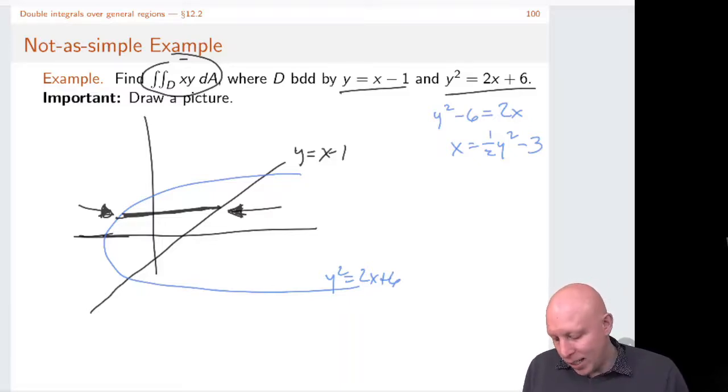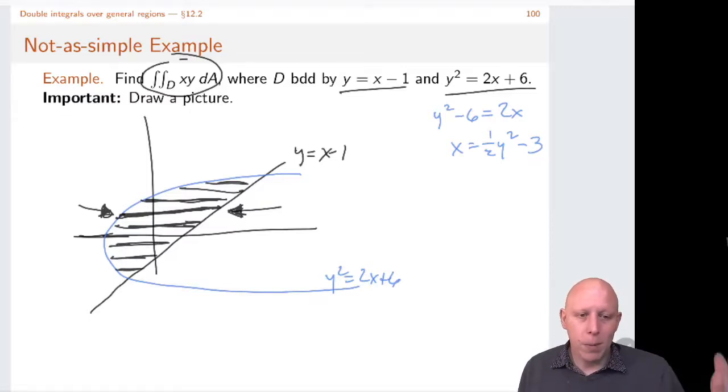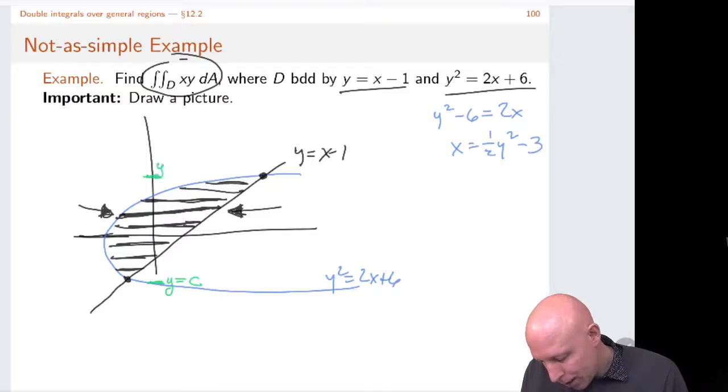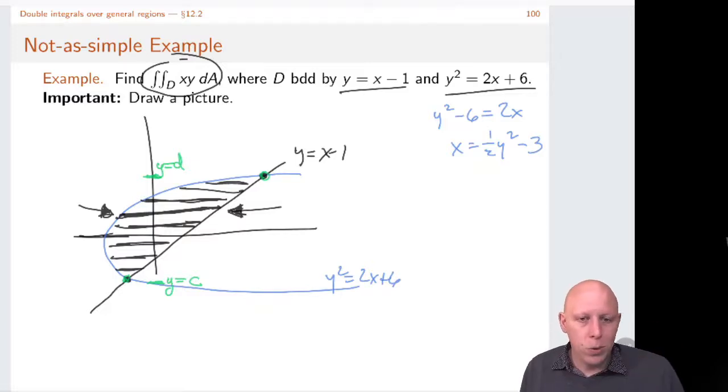If we're doing these horizontal slices, we need to know where we start chopping and where we stop chopping, and what the upper function and the lower function are. The places where we start and stop chopping correspond to the places where you have an intersection. This is y is equal to c, and this is y is equal to d. We want to know the y coordinates where these two curves intersect.